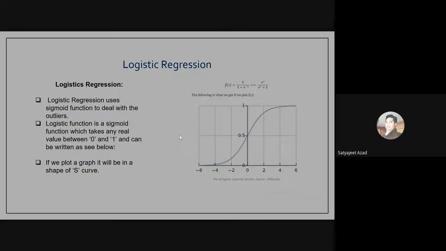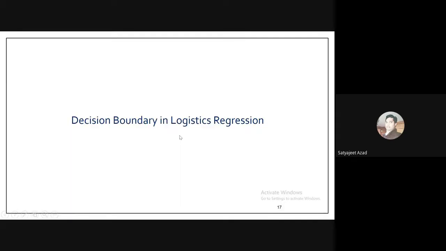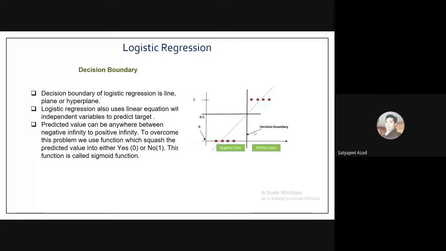Now there is something called the decision boundary in logistic regression. The decision boundary is nothing but you're trying to create some kind of wall between the two classes. You can refer to this as a decision boundary, because ultimately you have to take decisions based on the historical data, whether you want to give a loan to XYZ person or not.